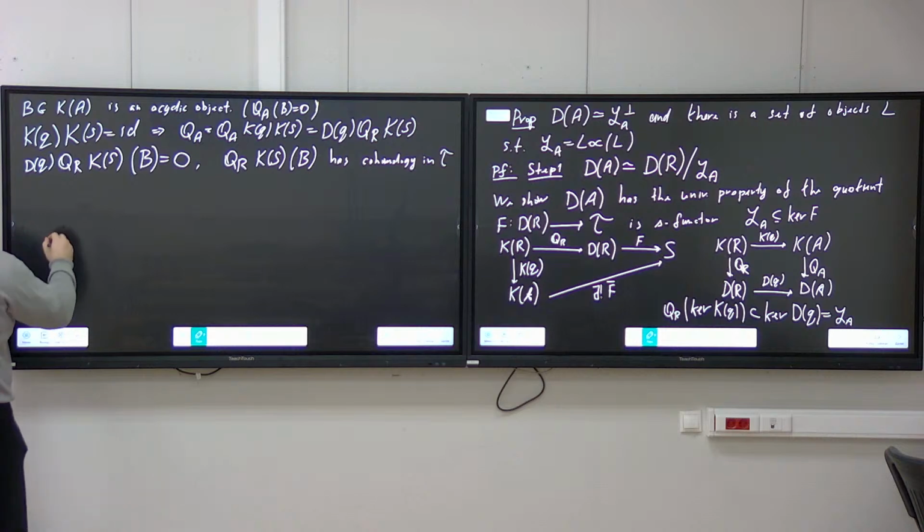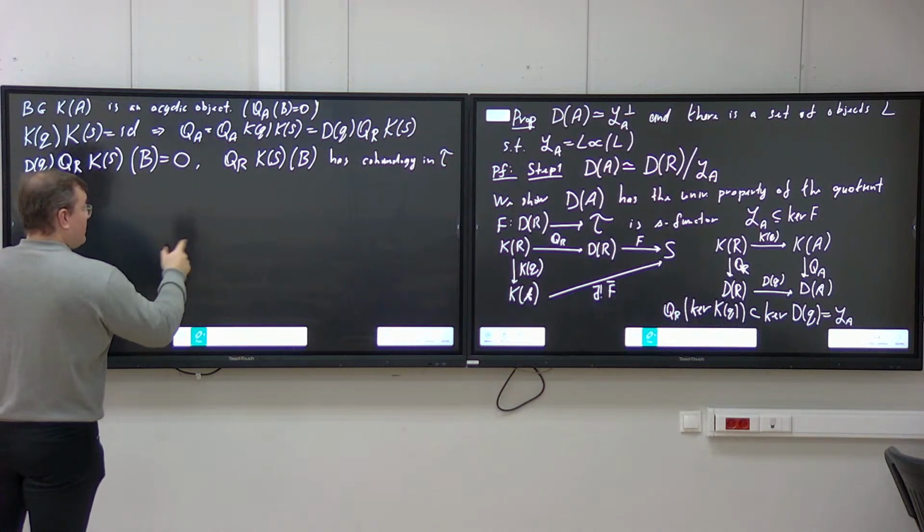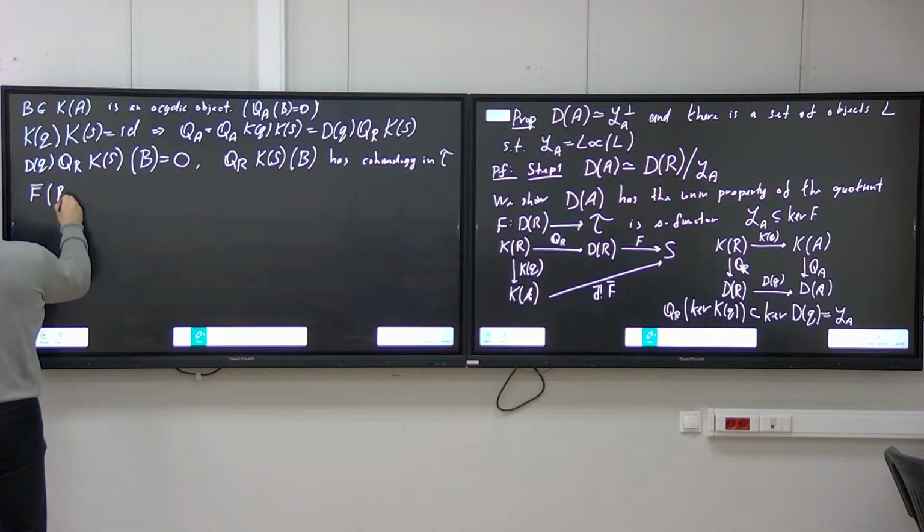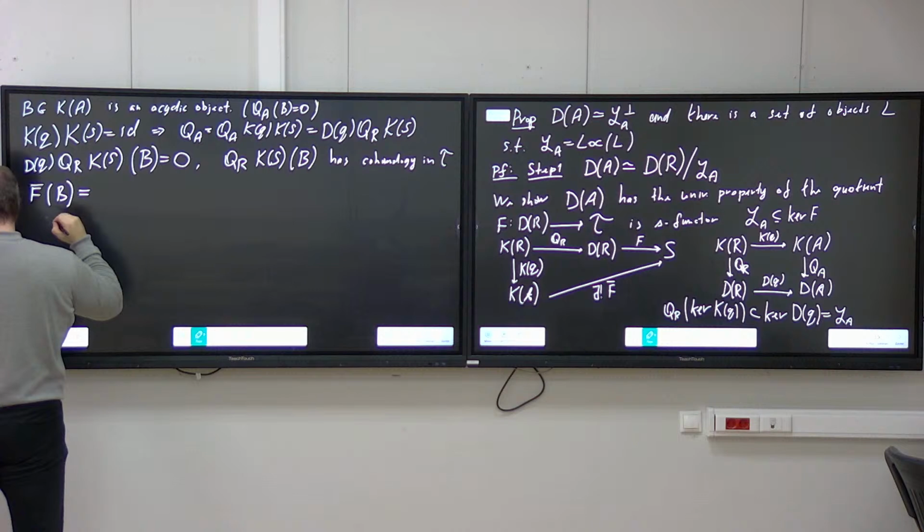Okay, so if I try to compute the functor that I constructed by that argument, F with a bar, on some acyclic complex B, I can rewrite this as follows.